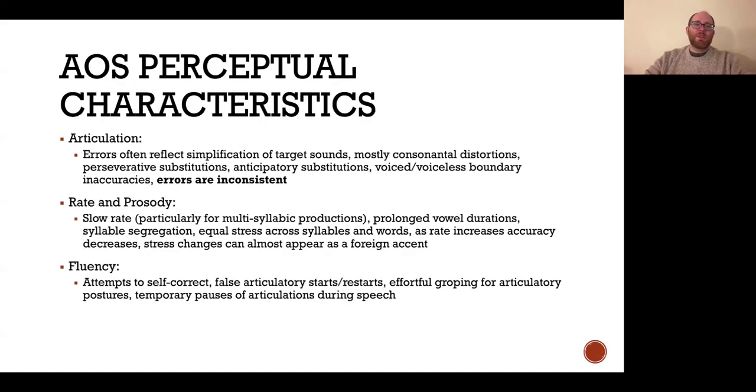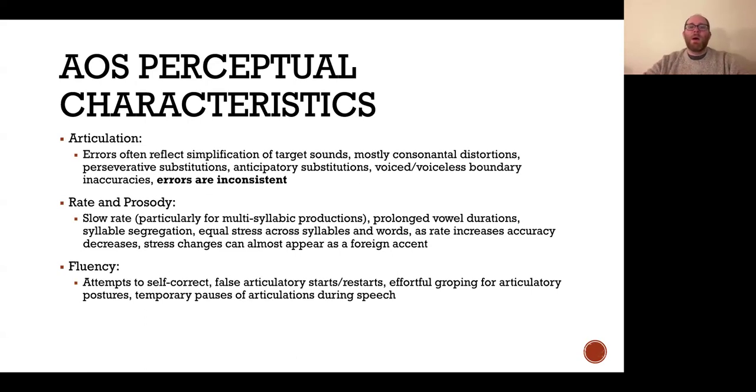There are perceptual characteristics that are associated with acquired apraxia of speech. I've broken them down into articulation, rate and prosody, and then fluency, because fluency, or that smooth transitioning, is important in apraxia specifically. In the articulatory area, errors often reflect simplification of target sounds, so they can make them a little bit easier, like a simpler variant.